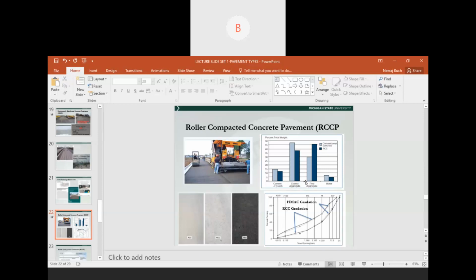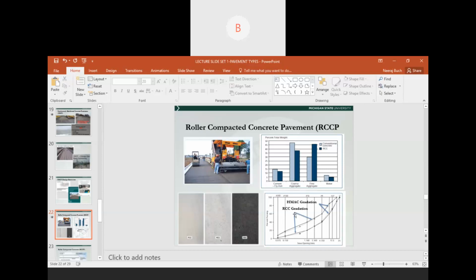Some unique characteristics of roller compacted concrete: the picture on the top right shows the mix design comparisons between traditional concrete, which is the light blue bars, and roller compacted concrete, which are the dark blue bars. So the roller compacted concrete mixes have less cement, less coarse aggregate, but a larger amount of fine aggregate, which is what hot mix asphalt has.